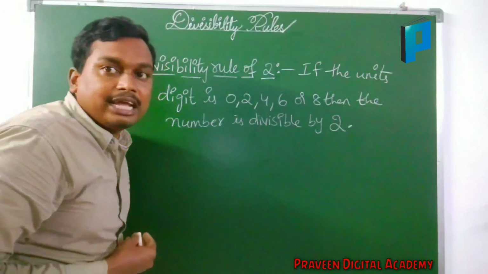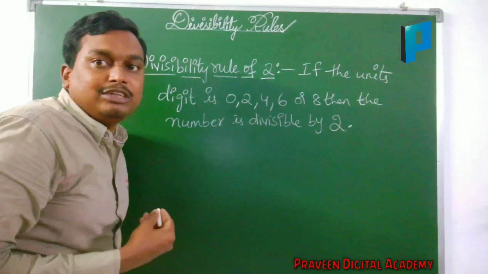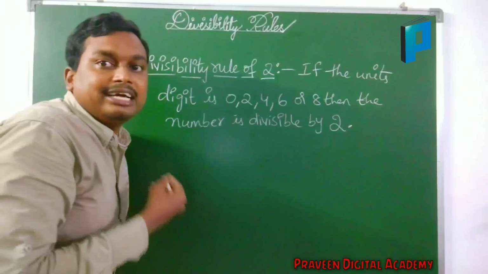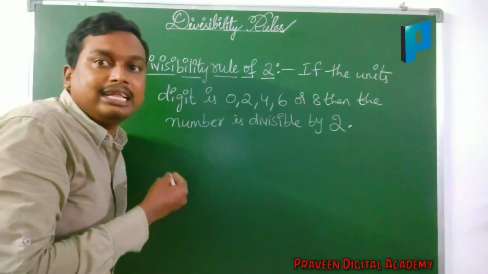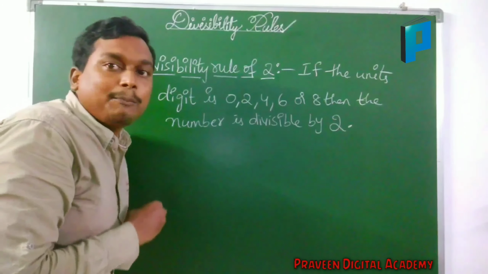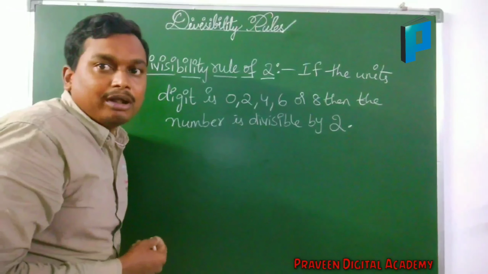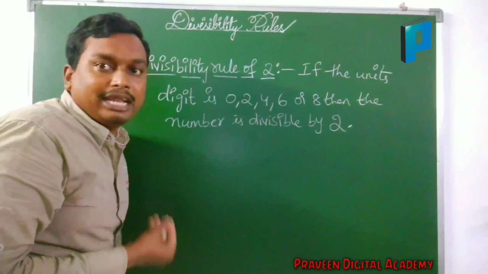Here we can say any number is divisible by 2 if we are getting the remainder 0. Whenever we are getting the remainder 0, then the particular number is divisible by so and so number. That number may be anything.